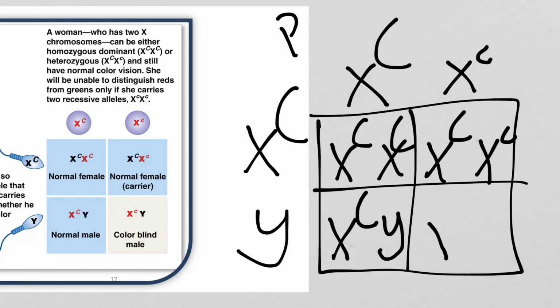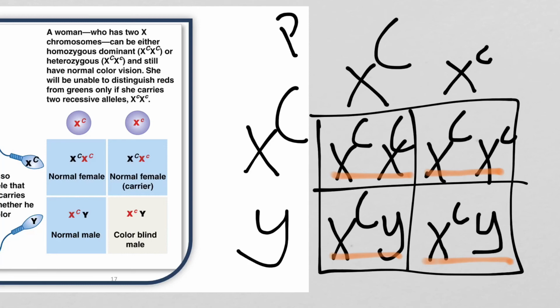And then a son with the colorblind X and a Y. So the possible genotypes of the children are shown. They've got 4 different possible genotypes. And the possible phenotypes are the normal female, 25% chance, 25% chance of a carrier female, 25% chance of a normal visioned male, and a 25% chance of a colorblind male.